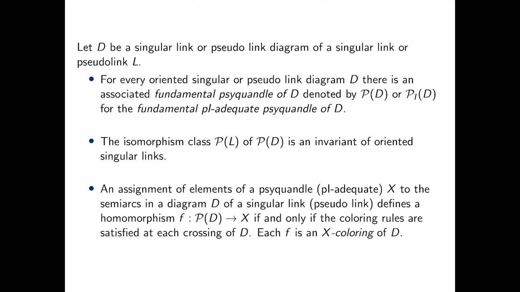Similarly, if you have the isomorphism class denoted by P subscript I of L, where L is a pseudolink, of the fundamental P1 adequate Psyquandle of the diagram, that's going to be an invariant of oriented pseudolinks.